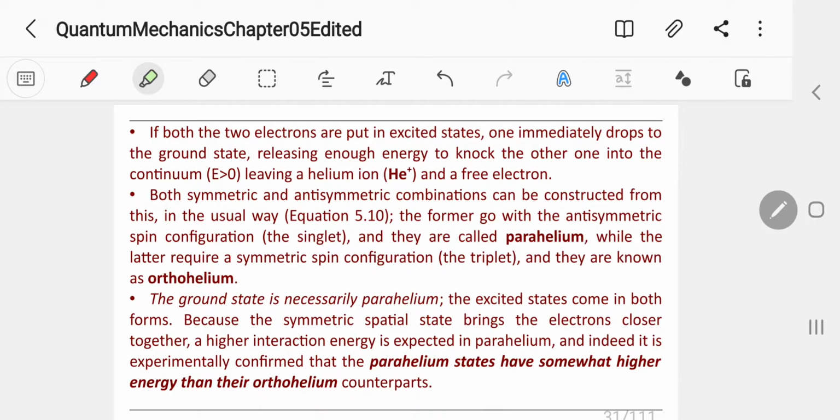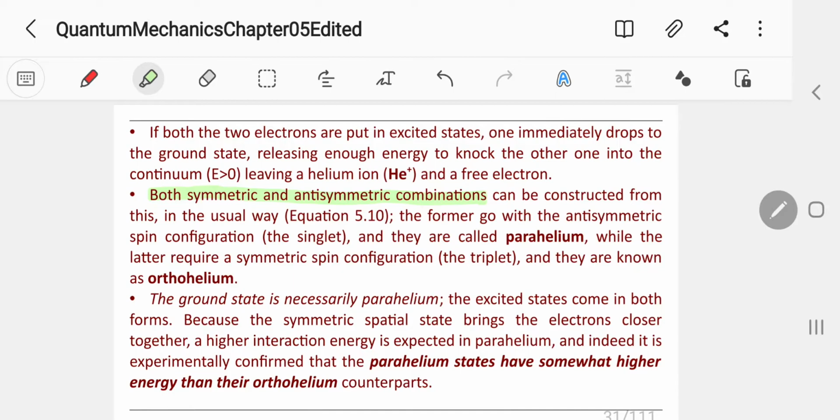Both symmetric and anti-symmetric combinations can be constructed from this in the usual way. So you can construct symmetric and anti-symmetric wave functions.